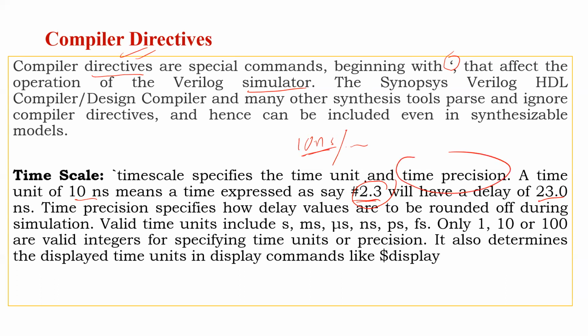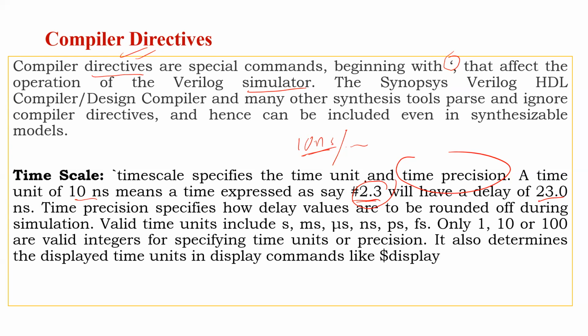The next term is time precision. What do you mean by time precision? It specifies how delay values are to be rounded off during the simulation process. Clear? So the first one is the time unit.